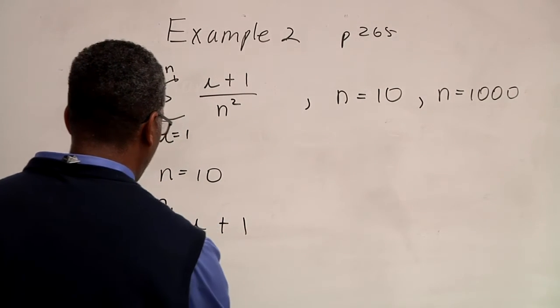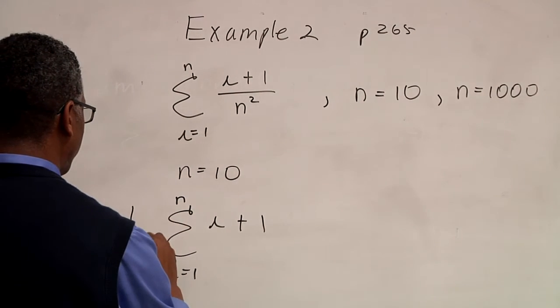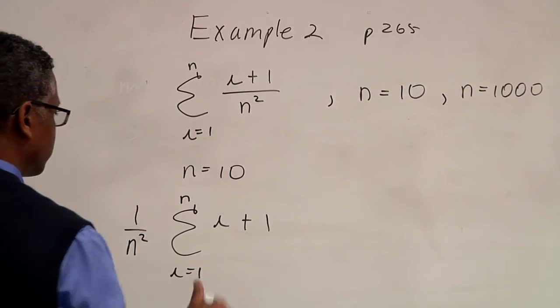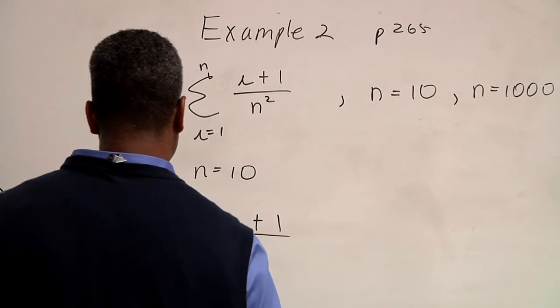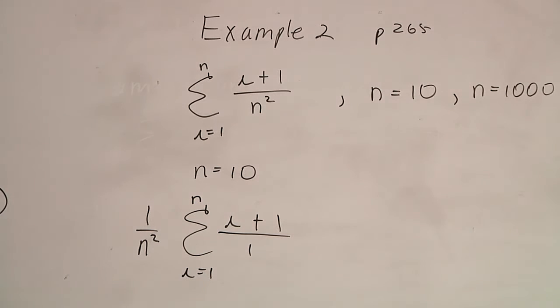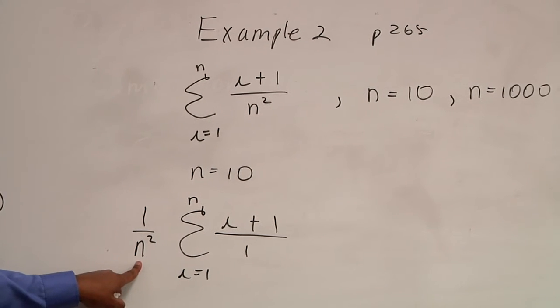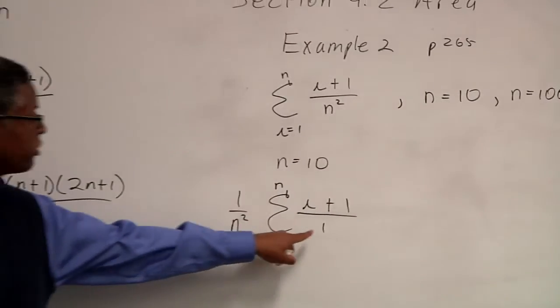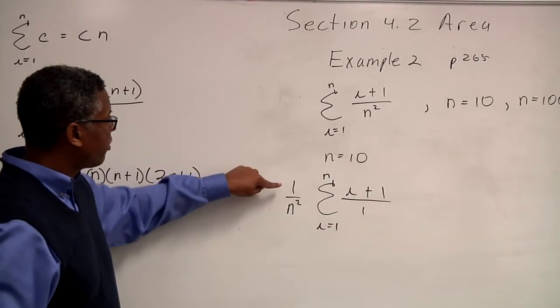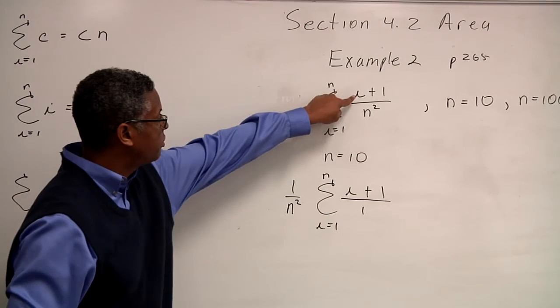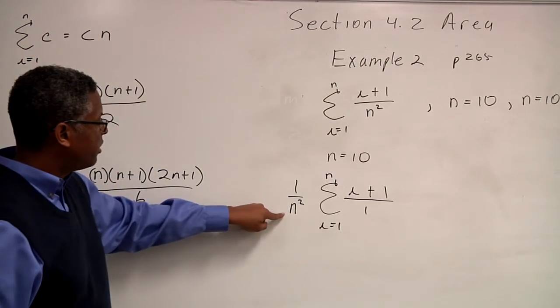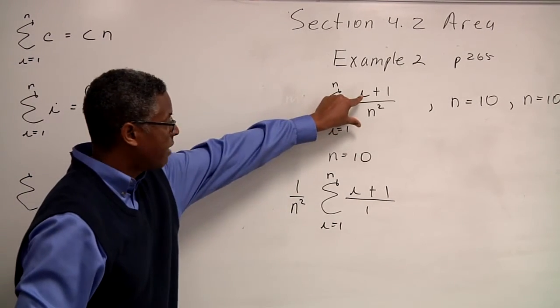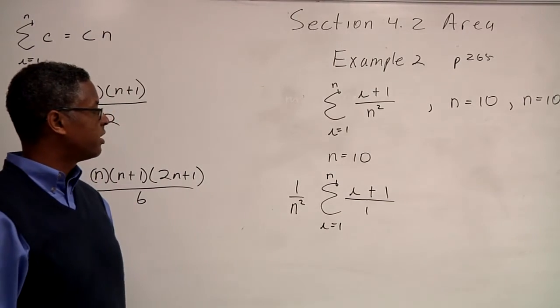Now, I'm going to put the 1 over n squared here. Okay? So I want you to recognize something here. Because n is a constant, n squared is a constant also, we can factor it out. And as you can see, if you multiply 1 times i plus 1, you still get i plus 1. You multiply n squared times 1, you have the original expression. So hopefully that is clear to you.